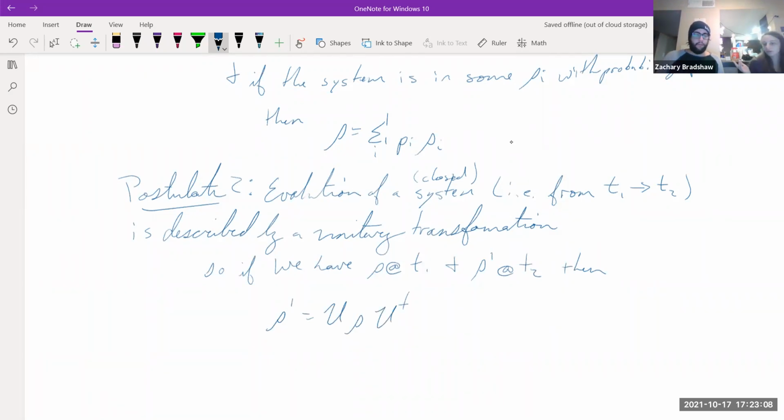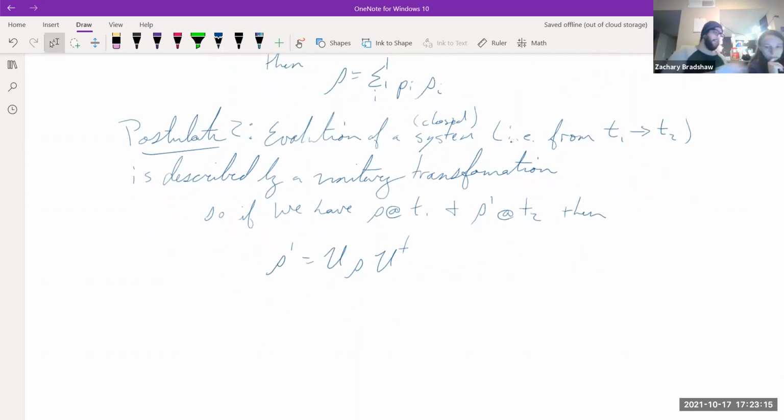Are you going to describe the unitary thing? So notice that this is not quite the same as the ket notation, right? So remember for the postulate when we were working with just kets, psi prime was given by the unitary U times psi, and there was no U dagger on the other side. But this was for pure states. So what happens if we write this in density operator notation?